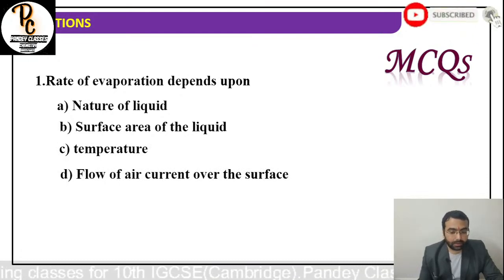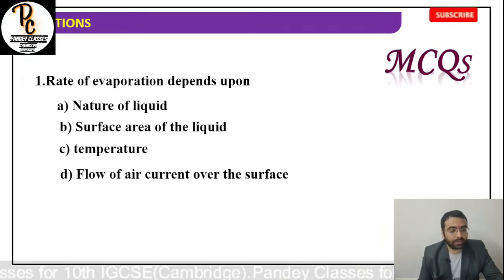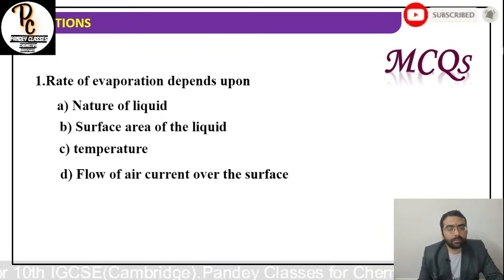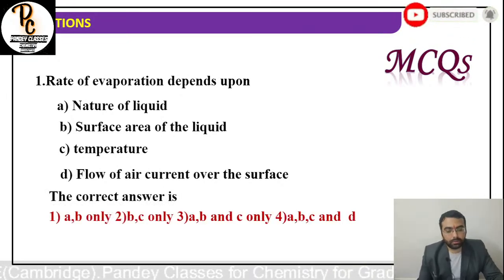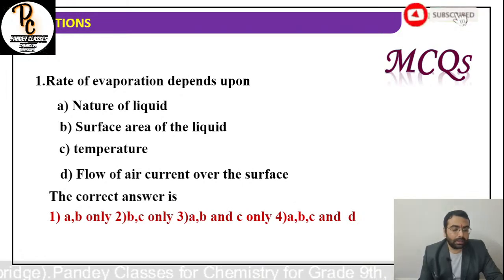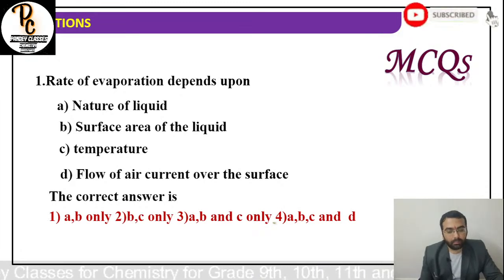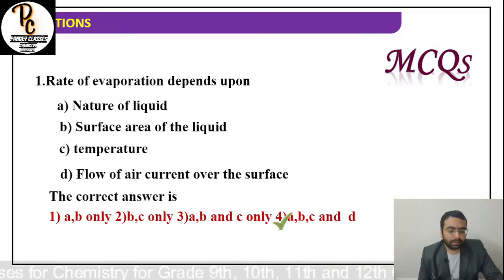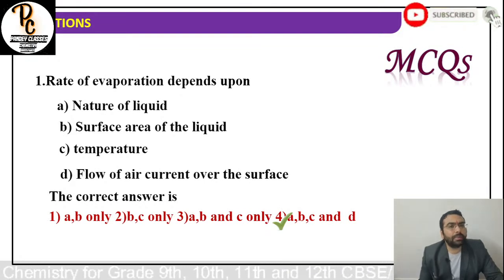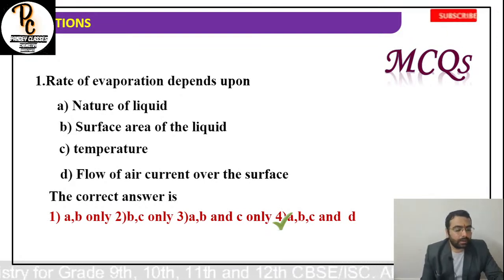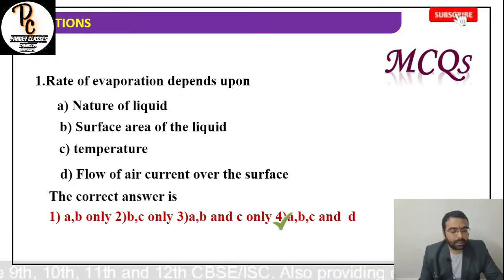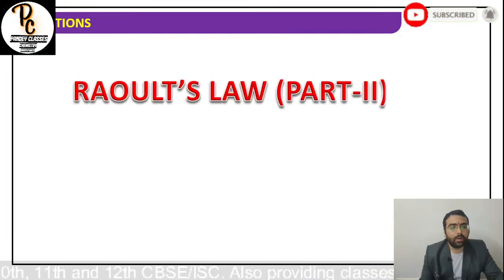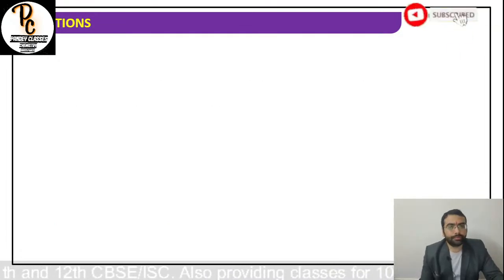The options are: A, B only; B, C only; A, B, C only; or A, B, C, D. A, B, C is correct, and the flow of air current, somewhere it depends on wind or air current also, so the correct answer will be 4, that is A, B, C and D.